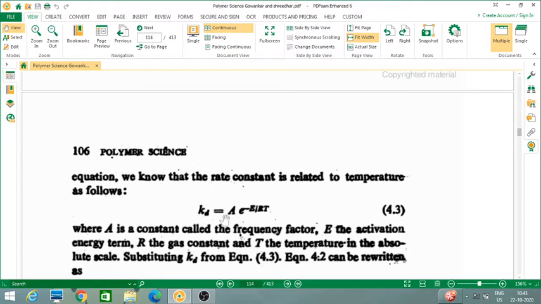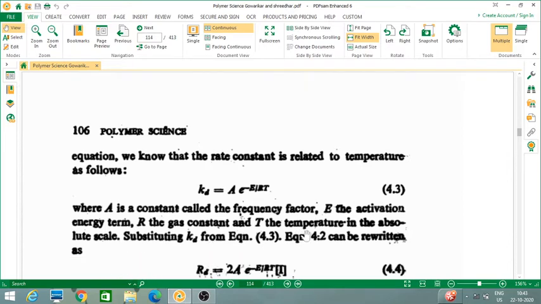The Arrhenius equation is: rate constant k equals A e raised to the power minus E by RT. A is a constant called the frequency factor, E is the activation energy term, R is the gas constant, and T is the temperature on the absolute scale.